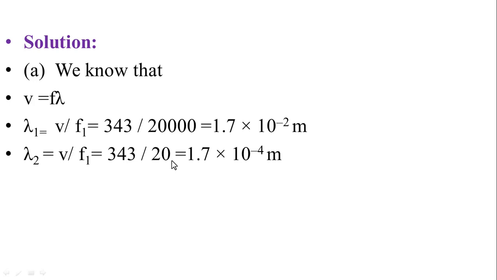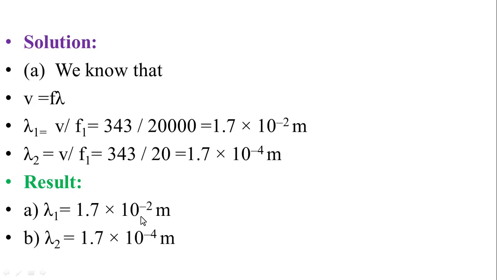So the wavelength at the lowest frequency is equal to 1.7 multiplied by 10 raised to power minus 4 meter. Then the result is that lambda 1 is equal to 1.7 multiplied by 10 raised to power minus 2 and lambda 2 is equal to 1.7 multiplied by 10 raised to power minus 4 meter.